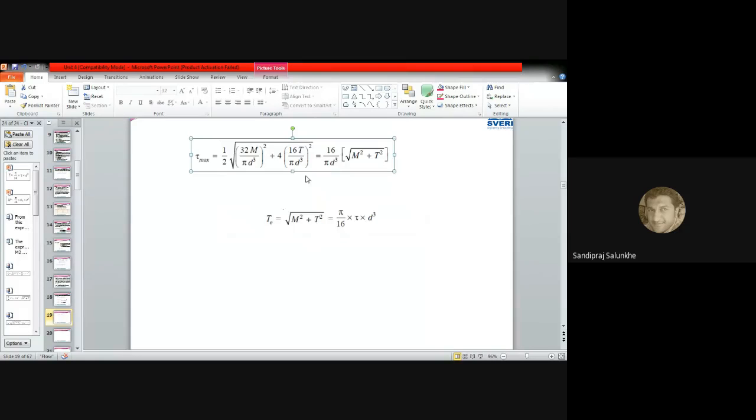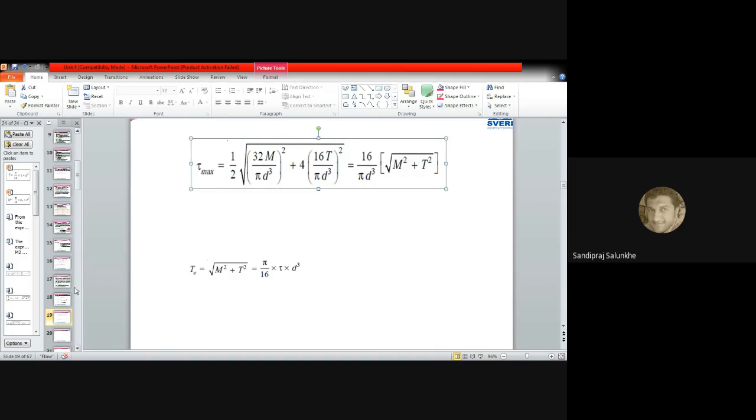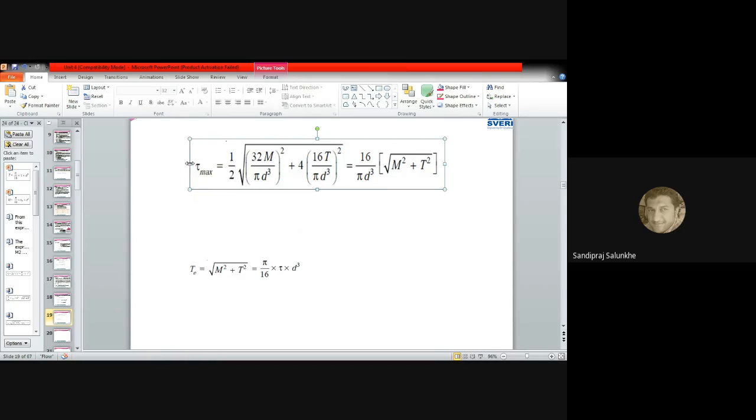We'll get this equation, which we have derived from this maximum shear stress theory by putting the value of sigma b and tau. So we have got this 1/2 as it is. Value of sigma b is 32 M divided by pi d cube, bracket square, plus 4 into 16T divided by pi d cube, that is the value of tau, bracket square.